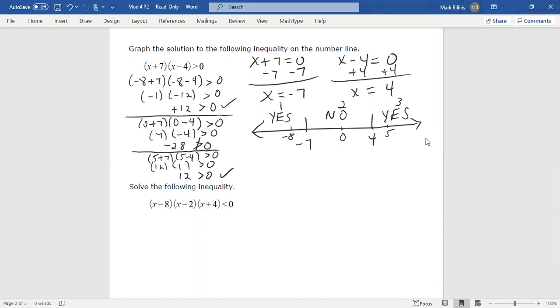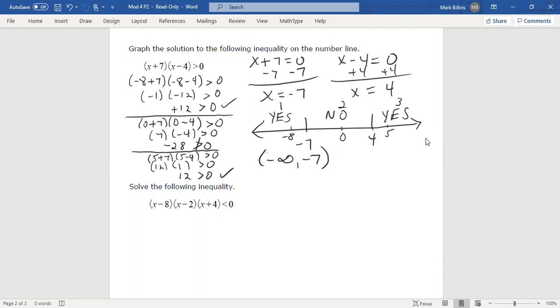So I need to write these in interval notation. So the values to the left of -7 work. So the values from -infinity to -7, and notice I'm using parentheses. Why am I using parentheses? Because the original inequality is just greater than, not greater than or equal to 0.